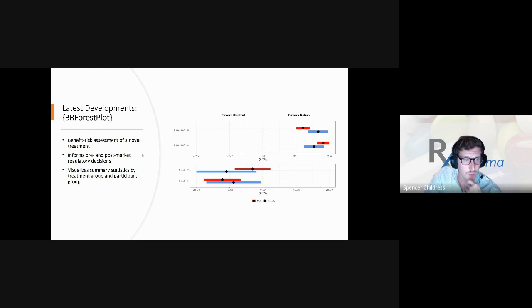And again, it informs pre and post-market regulatory decisions. And a lot like the previous chart, you're looking at summary statistics rather than participant level data. So we're working with an aggregated data set instead of a participant level data set like adverse events or demographics.